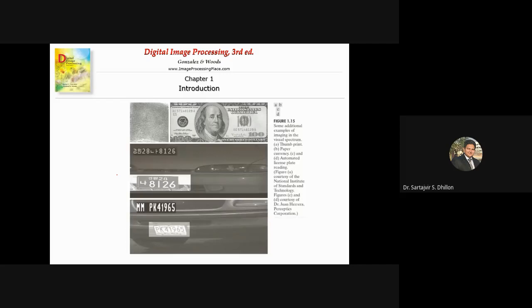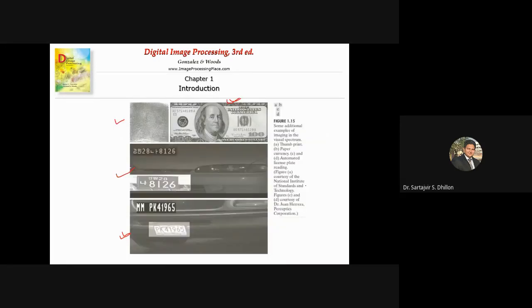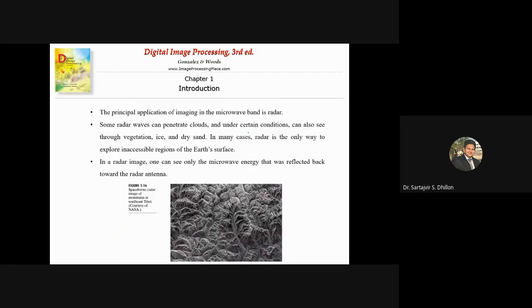And yes, at a toll plaza, we are using image processing to detect the numbers of cars and make it a little bit more automatic process. And yes, there is fingerprint, and paper currency, to identify whether it is original or fake currency. We can use image processing.